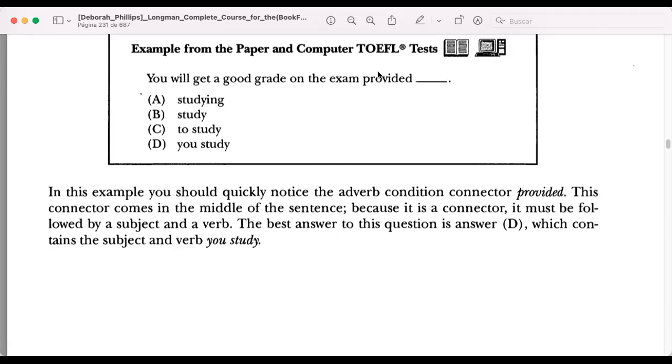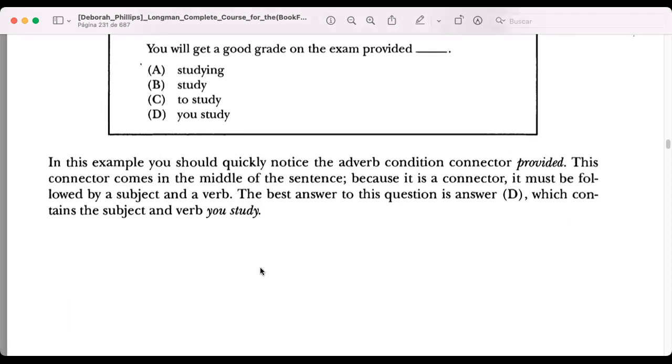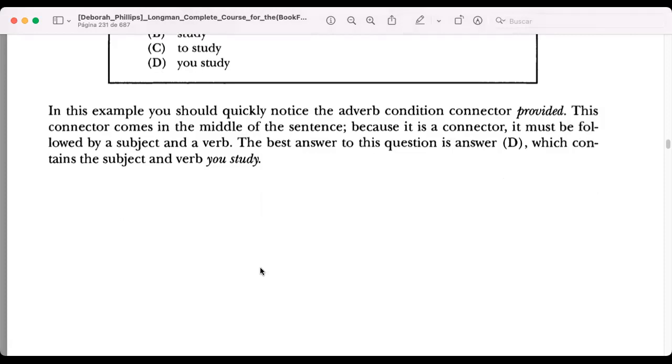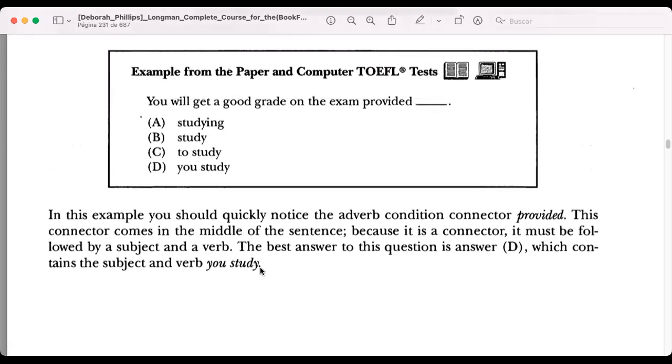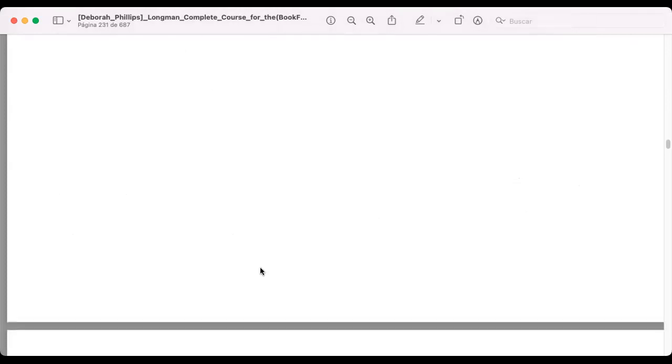So in this case, we must find a subject and a verb. And the only answer that has this is D, you study. So we were looking for a subject and a verb to complete the second sentence. Am I clear? Yeah, I get it now. Good.